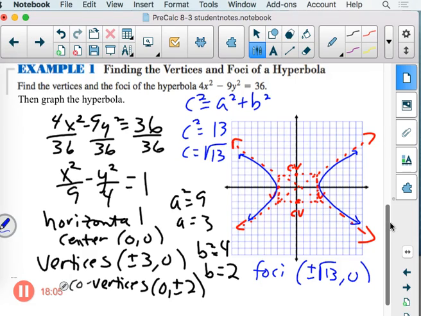Well, find the vertices and the foci. Did that. Graph the hyperbola. Did that. Well, let's go ahead and write the equation for the asymptotes. Like I said, you certainly could memorize that.